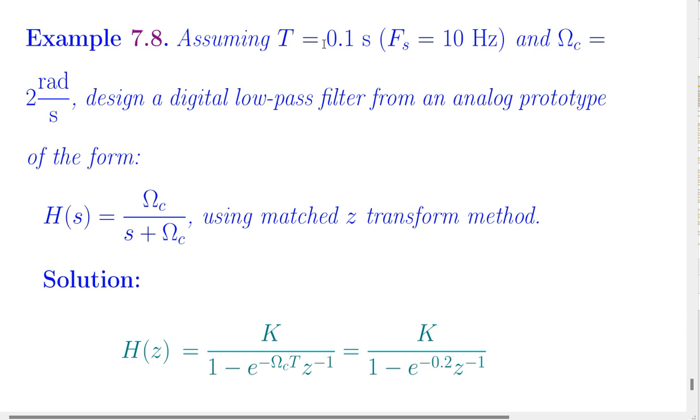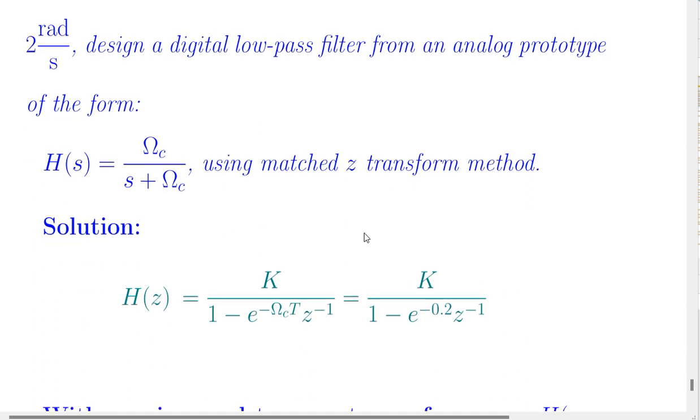Now, example. Assuming T being equal to 0.1 second and omega c being equal to 2 radian per second, design a digital low pass filter from an analog prototype of the form H of s being equal to 1 over (s over omega c plus 1) using matched z transform.